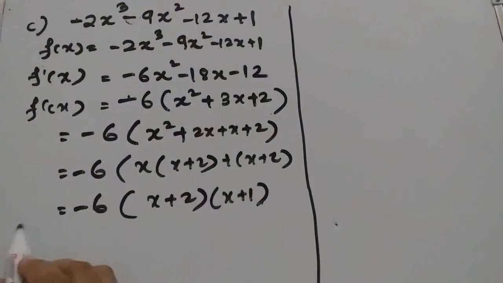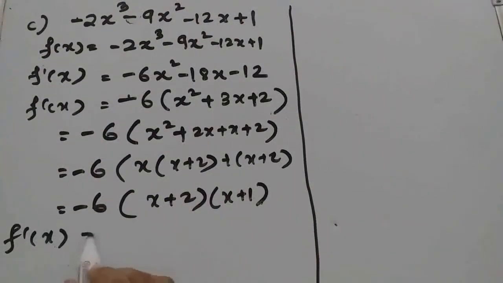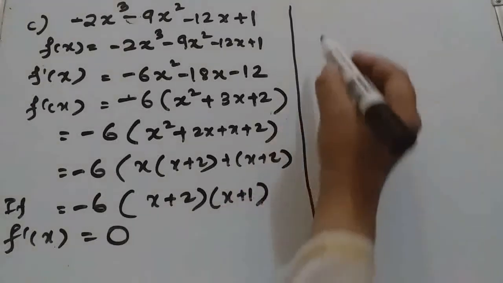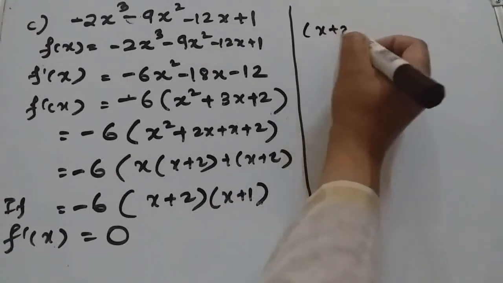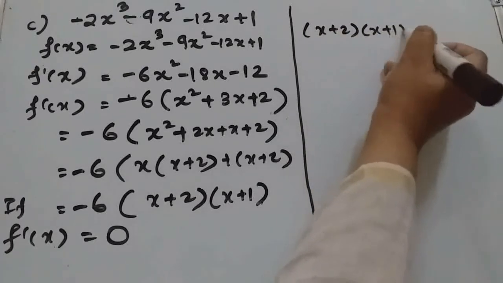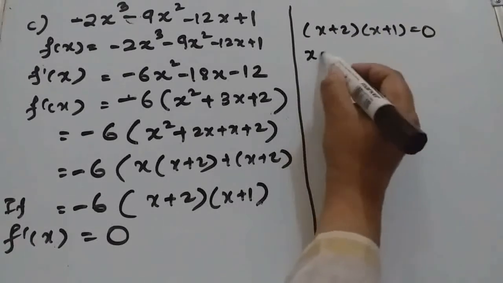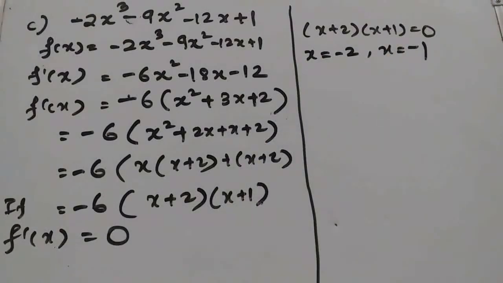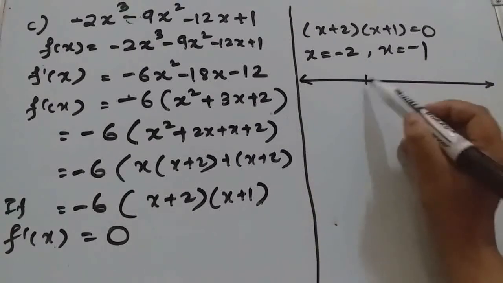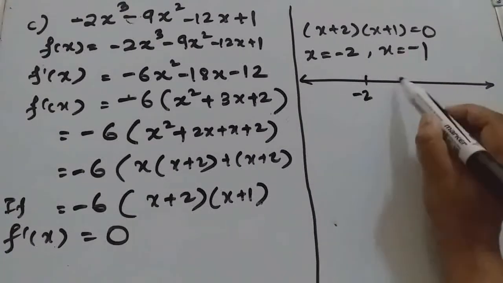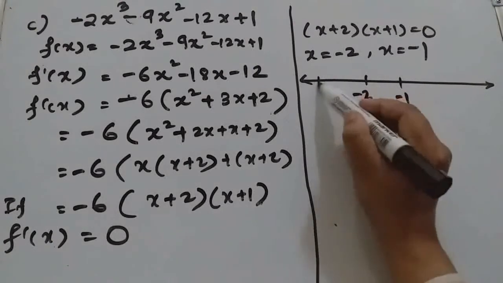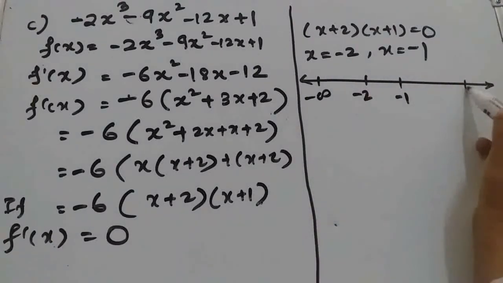Okay, so now f dash of x is equal to 0 if. So what we will get here, x plus 2, x plus 1 equal to 0, x equals minus 2 and x equal to minus 1. That means our real line is divided into how many parts? So minus 2 will come here, minus 1 will be to the right of minus 2. This is minus infinity and infinity.